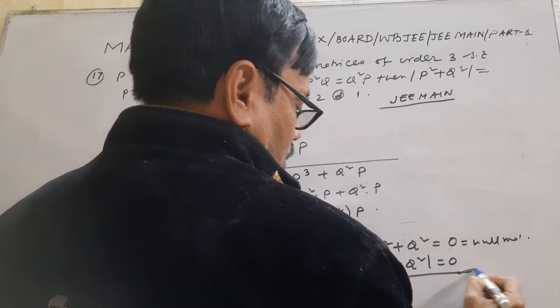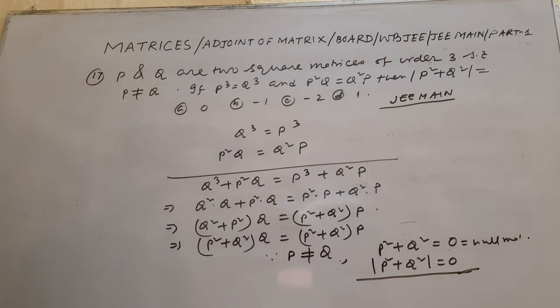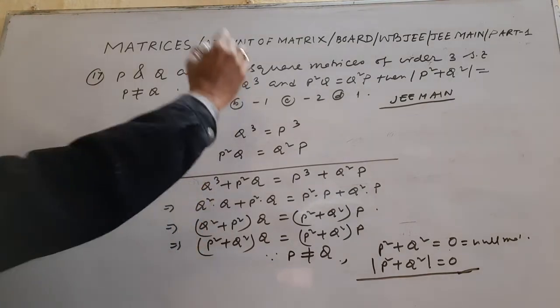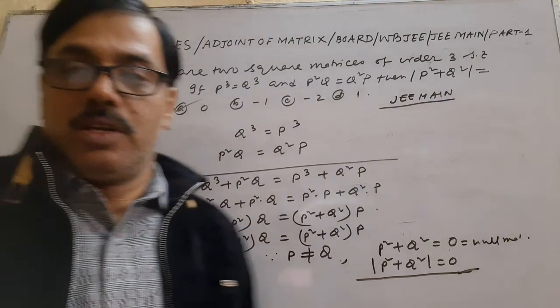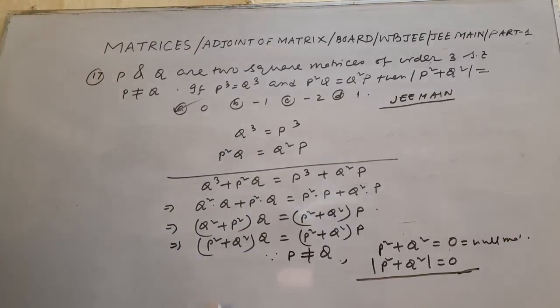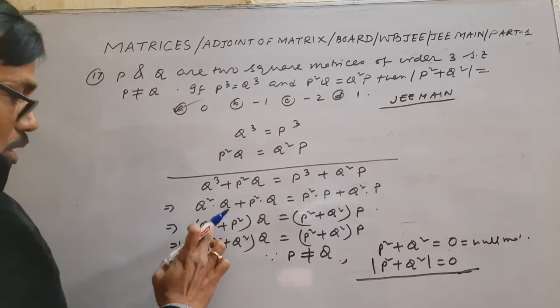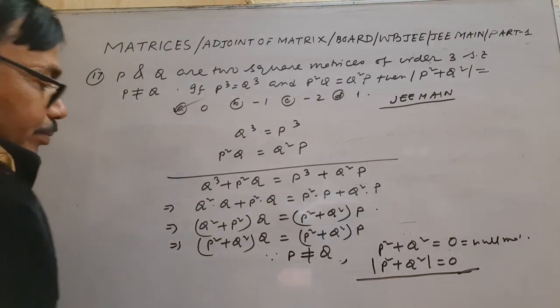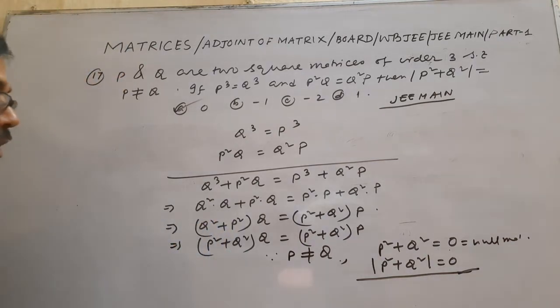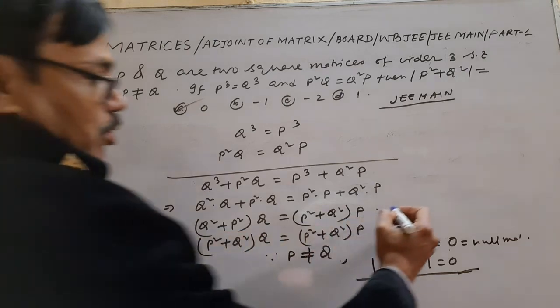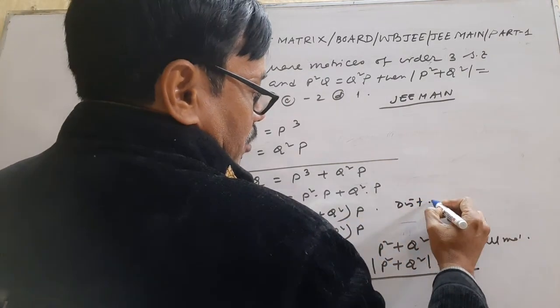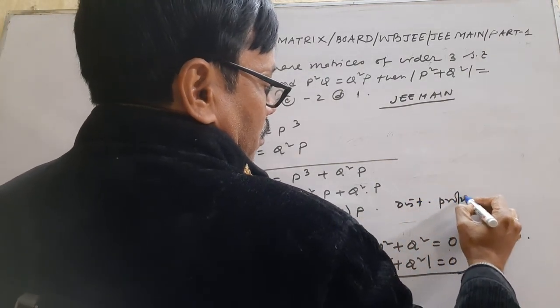So determinant of null matrix is 0. So this is 0. Here we have used that matrix multiplication is distributive over addition. Distributive property.